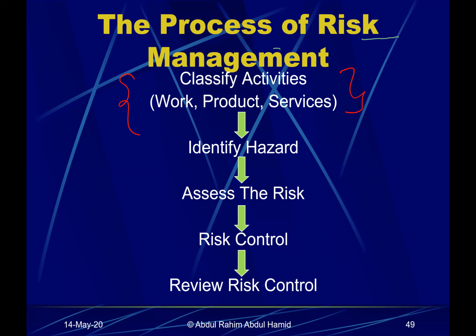The purpose of the work breakdown structure is to list out all of the activities. Why? Because from those activities, then only we will know whether there are hazards with regard to the work process. Then we can identify the hazard, then assess the risk, come up with risk control, and then risk review from time to time.